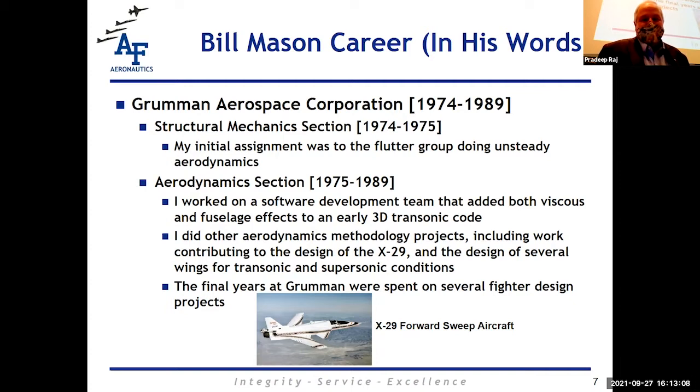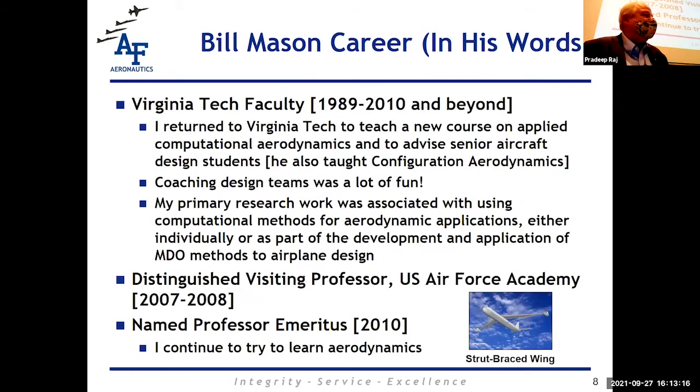So in 1989, Bill decided to come back to Virginia Tech as a faculty member. And he was here until he retired in 2010, and then continued as a professor emeritus. He still came to campus all the time. In fact, he would tell me on the phone, I didn't know I'd be so busy in retirement.